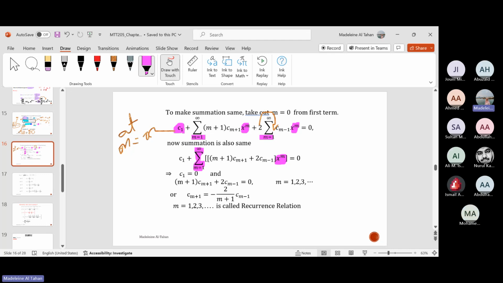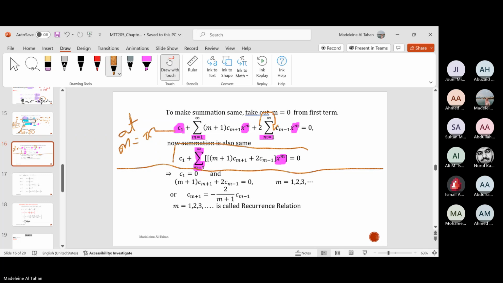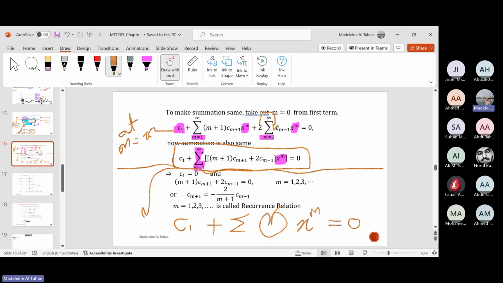Now, what's the next step? When we reach this one, miss, we got this series equal to 0. What does this one mean? Basically here what we got is c1 plus sigma x power m equals 0. What do we mean when we say a polynomial is equal to 0?